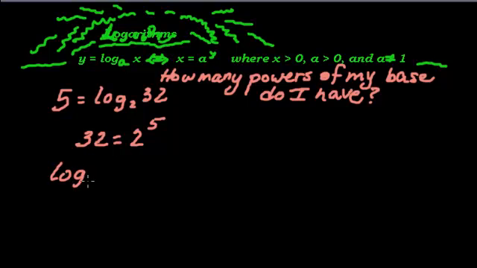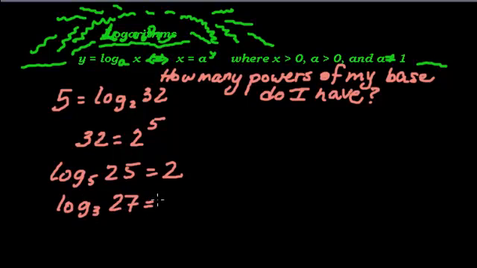So if I do log base 5, let's say of 25, how many powers of 5 is 25? The answer to this would be 2. If I were to ask you what is log base 3 of 27, how many powers of 3 is 27? That would be 3. Log base 10 of, let's say, 1,000. How many powers of 10 is 1,000?